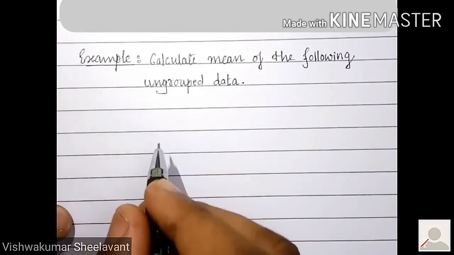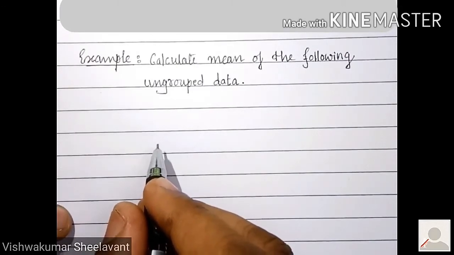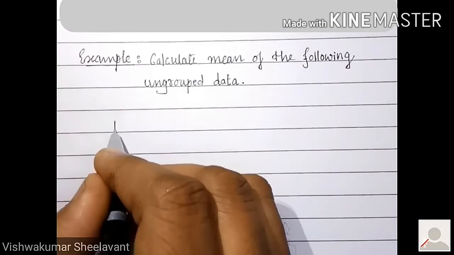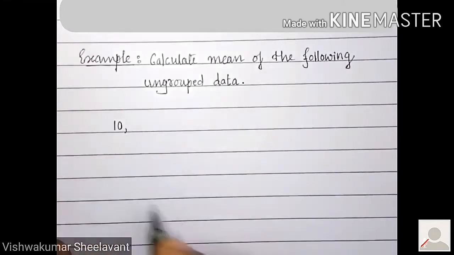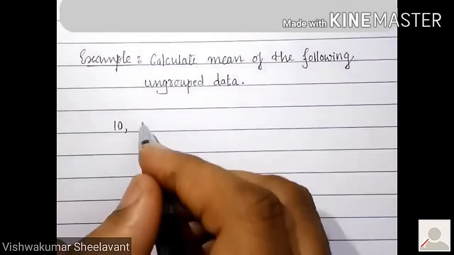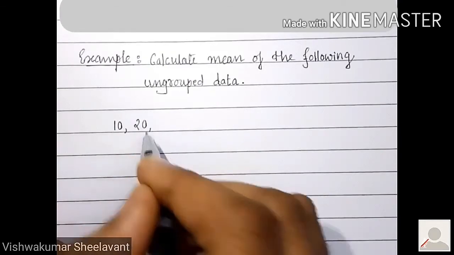So now I will give the data here. These are marks of 30 students who are studying in 10th standard, and all 30 students have written mathematics paper of 100 marks. One student has scored 10 marks. One student has scored 20 marks.